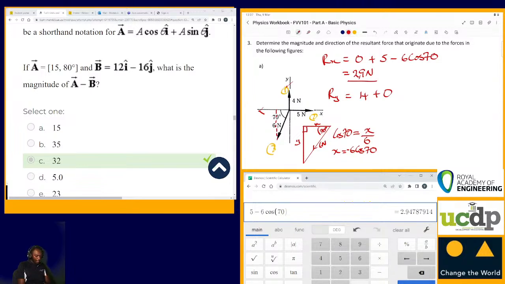Then we come back again to our triangle. Now we're looking for y, so sine 70 equals the opposite, which is our y, the one that we're looking for, over the hypotenuse 6. So our y is equal to 6 sine 70, and this is in the negative direction, so it will be negative 6 sine 70. And now we have to punch that.